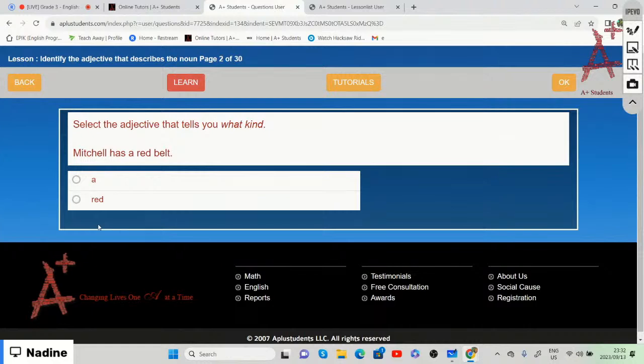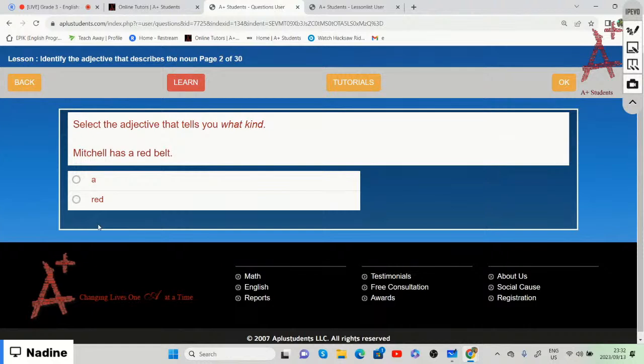So Mitchell has a red belt. We need to say what kind of belt Mitchell has. Is it A belt or red belt? So what kind of belt does Mitchell have?